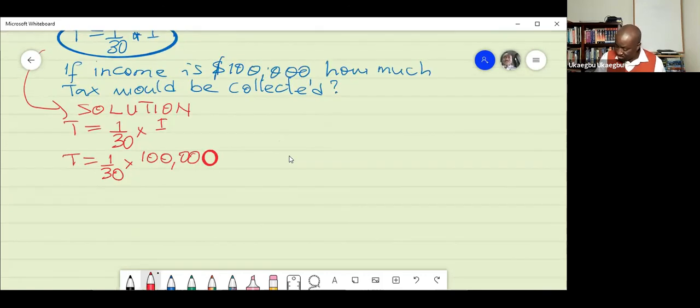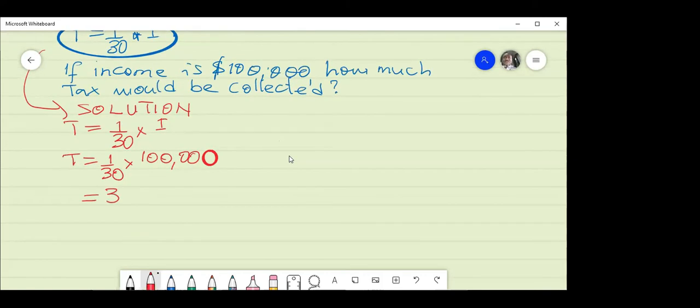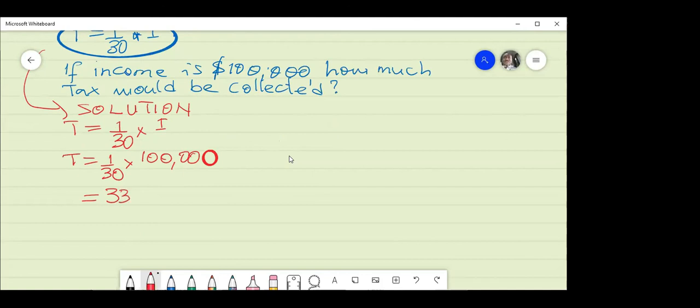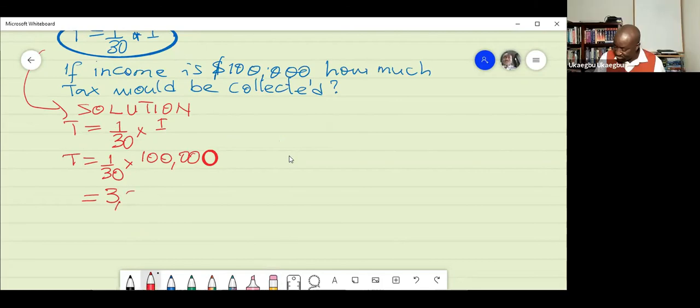What's the figure again, please? It's 3,333. That's the tax they are going to collect if they use the model that we just described.